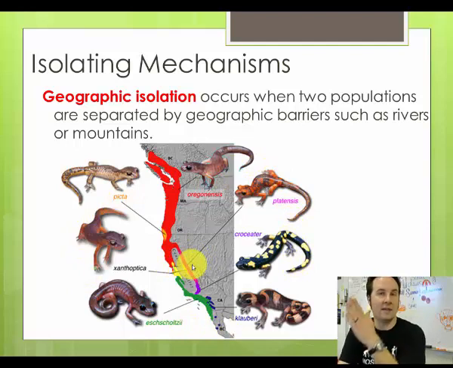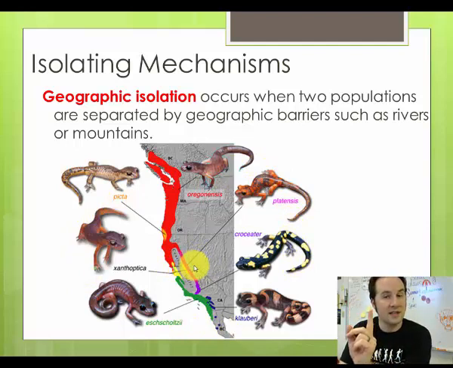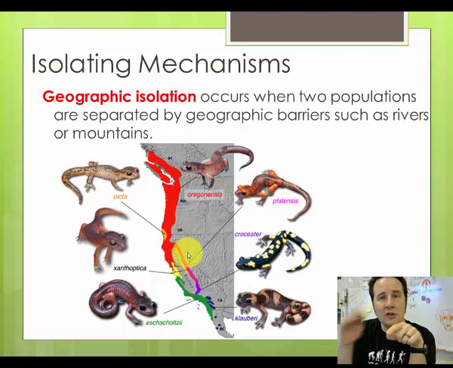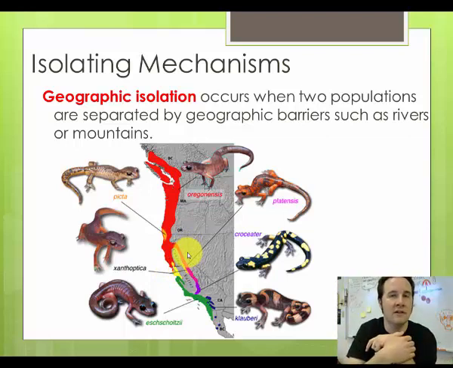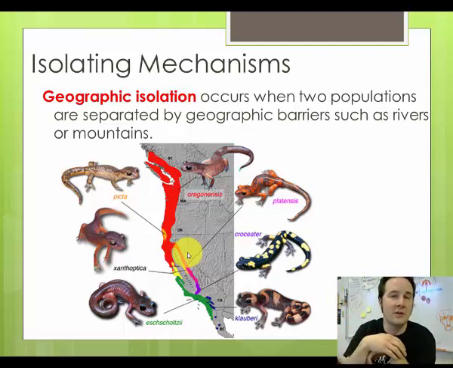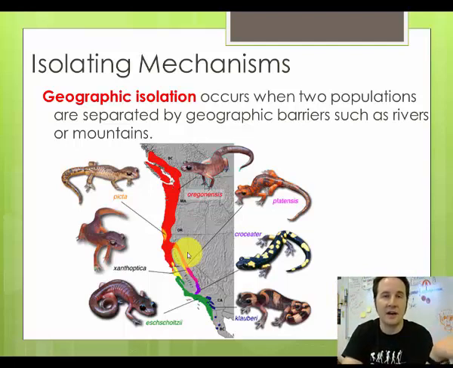And on one side of the mountain range, you have a different species, but a very closely related species of salamander than the other side. And this makes sense because a salamander that's this long is not going to scale the mountainous peaks of the Sierra Nevadas, make it all the way over the snowy summits, all the way back down into a valley just to find a mate. Simply not going to happen.